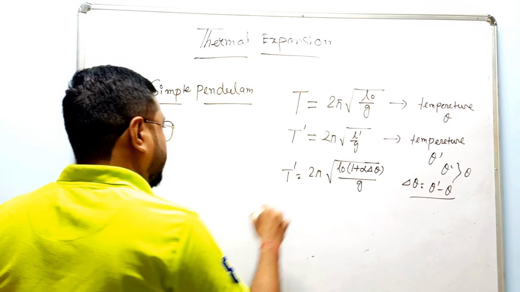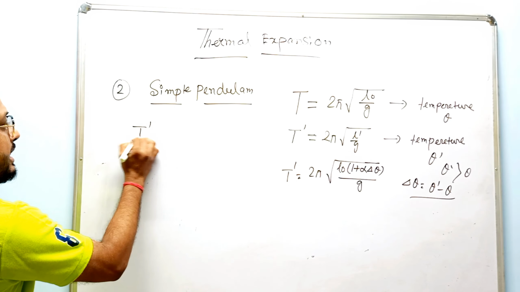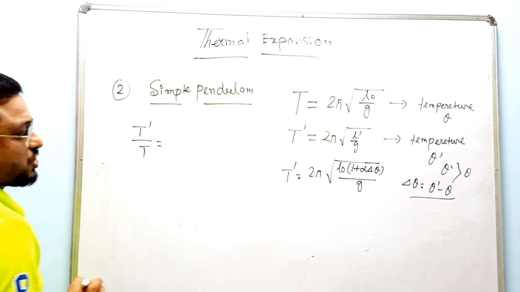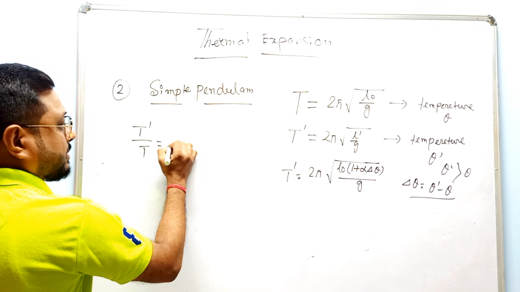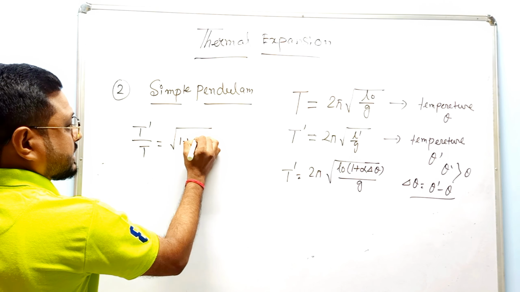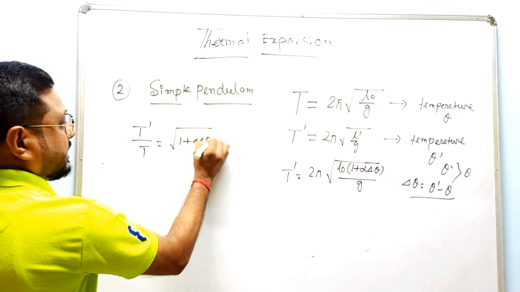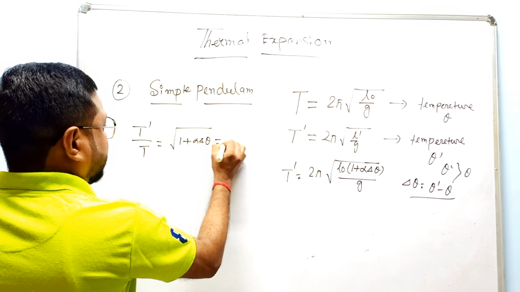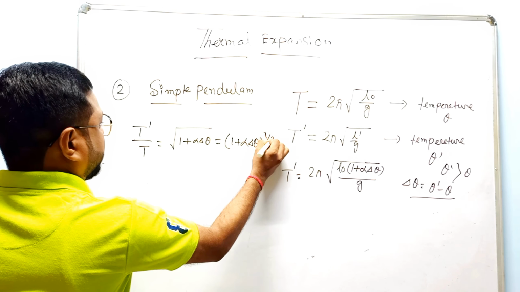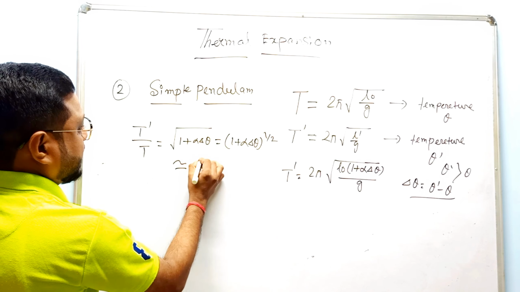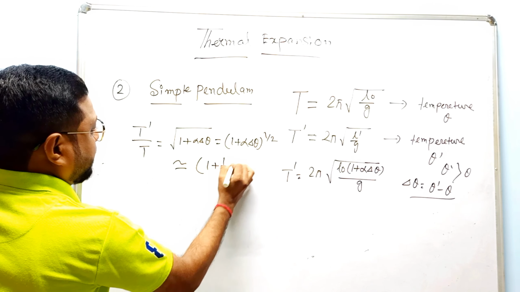If we take the ratio T dash by T, the 2π and L0 cancel, and it becomes root under 1 plus alpha delta theta. It can be written as (1 plus alpha delta theta) to the power half, but as delta theta is very small, it is nearly equal to 1 plus half alpha delta theta.